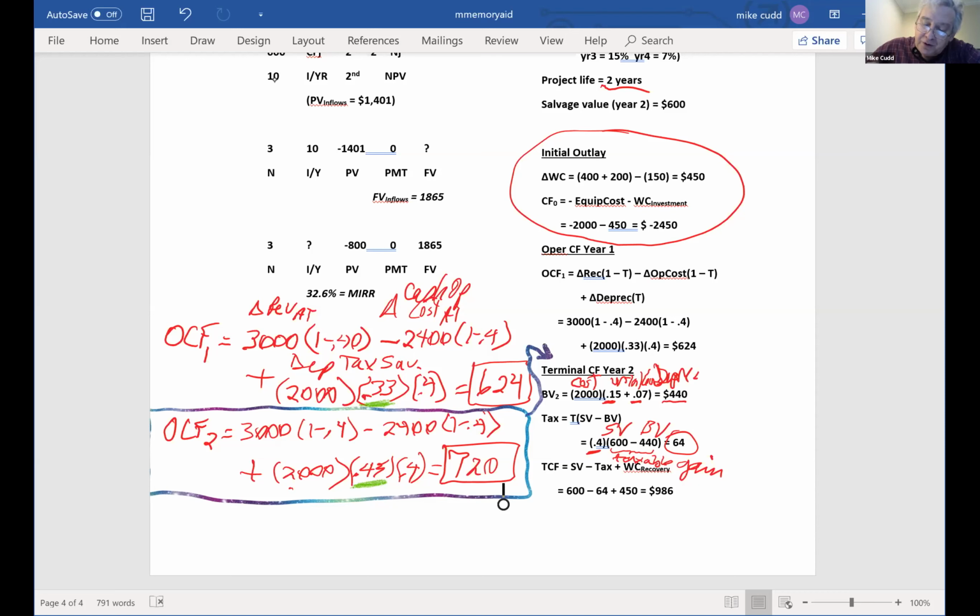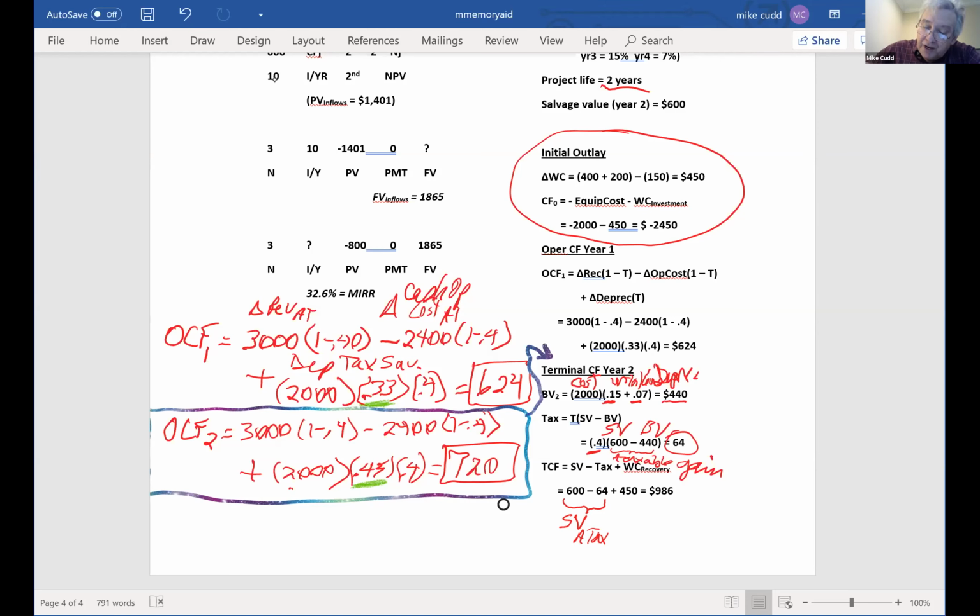So we expect to sell the equipment for 600, but for the government to come in and take 64 of that. So 600 minus 64 would be our after-tax salvage value.